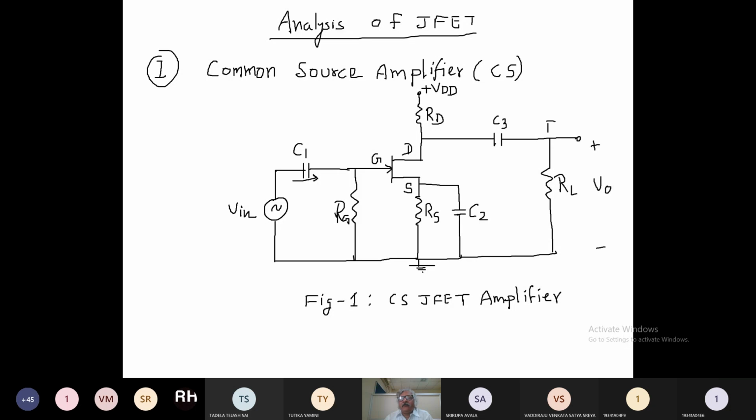This is your drain terminal and ground, which is your source. So always remember, in case of common source, you are taking the output between drain and source, just like a common emitter transistor. In common emitter, you take the output across collector and emitter. Emitter is connected to ground.